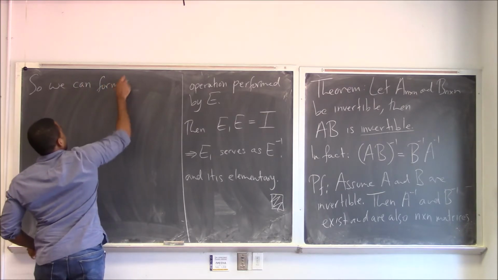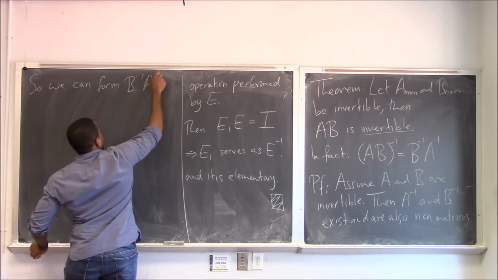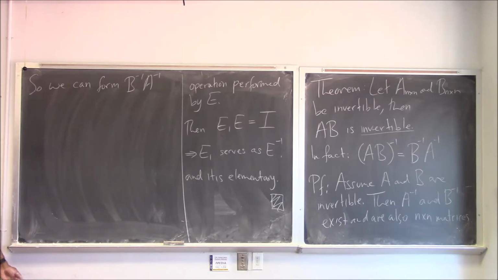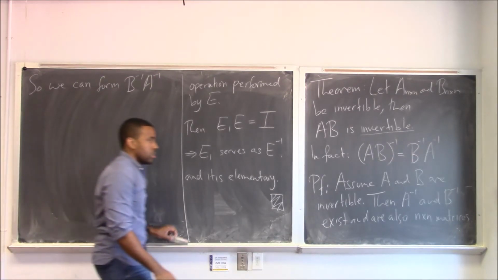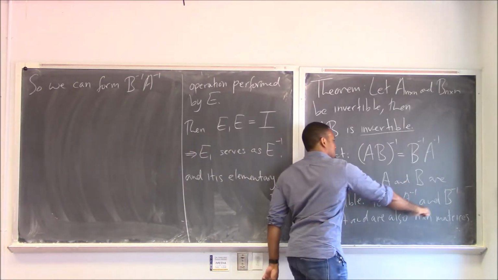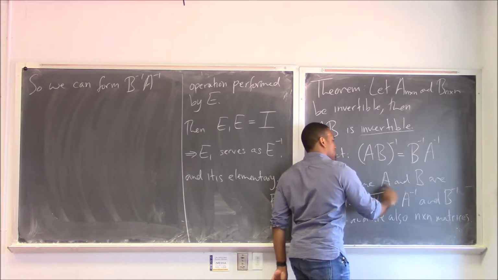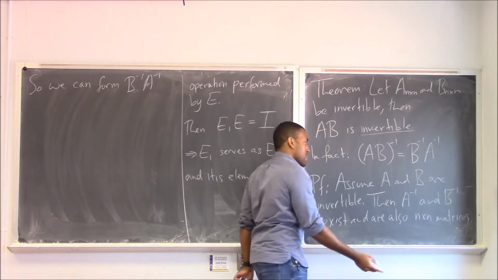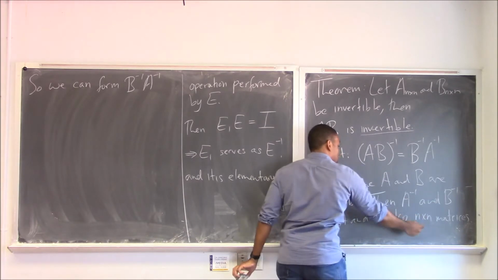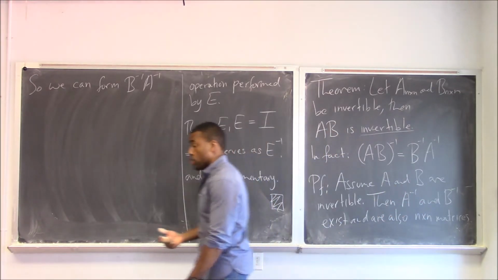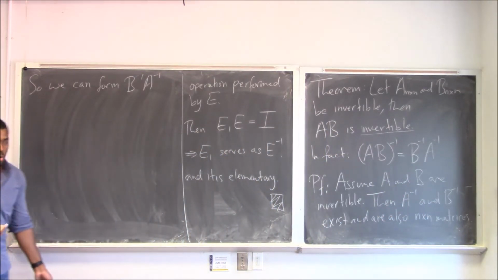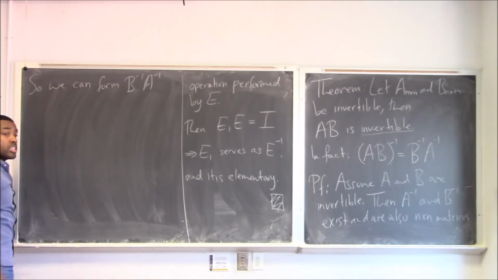So we can form this matrix B inverse A inverse. It's not some mythical creature. If each individual matrix exists, then their inverses exist. These are square, so their inverses have to be square of the same dimensions. I can multiply them in any order because the inner numbers will always match up.